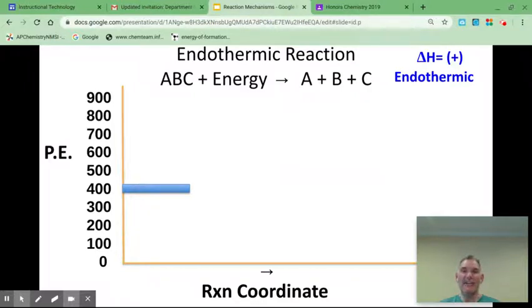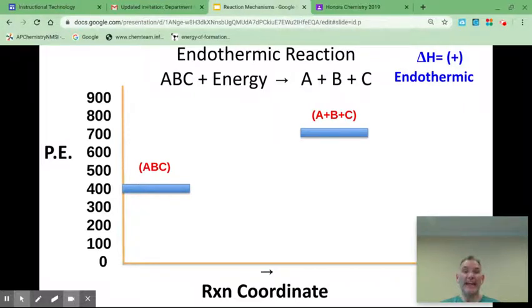If it's an endothermic reaction and my reactants absorb energy, that means my product line is going to be somewhere higher. And again, I chose to put the products at 700. And what I did here was I labeled each one, which normally is not done, but just for our demonstrative purposes to show you what the line actually represents.